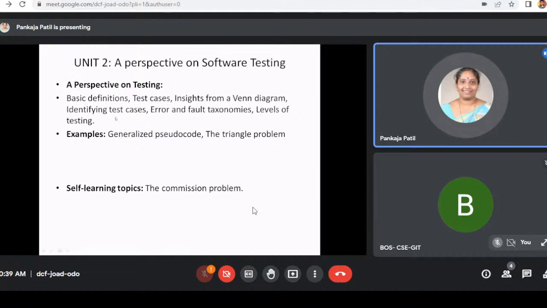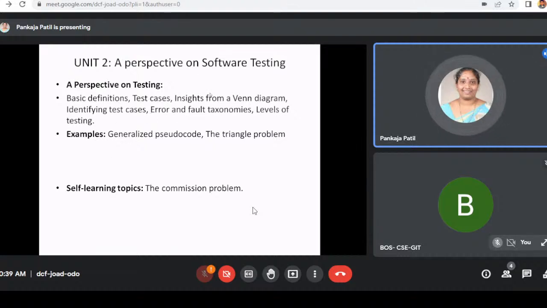And you're going to study how to identify test cases. If I want to write a test case table for a particular code which I have written, how do I identify the test cases, how many test cases do I need to write, and what different test cases do I need to consider? That you're going to study as part of unit 2.